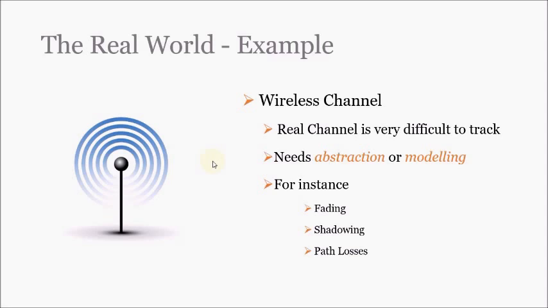So instead of going and measuring the channel directly, one will abstract the essential information, or try to model the situation with the help of some mathematical models, and then work with the model. For instance, in the wireless channel, the environment is composed of three different types of attenuations.